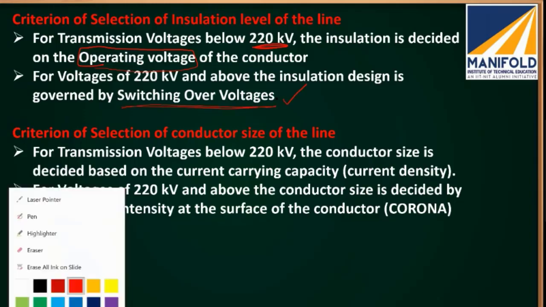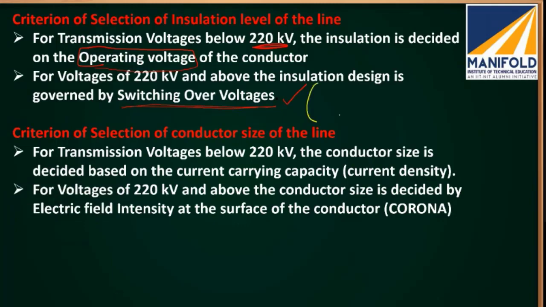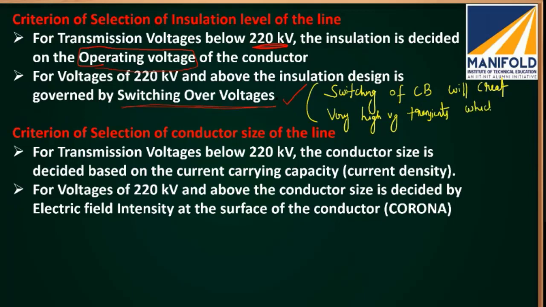Why? Switching off circuit breakers will create very high voltage transients which may damage insulation.